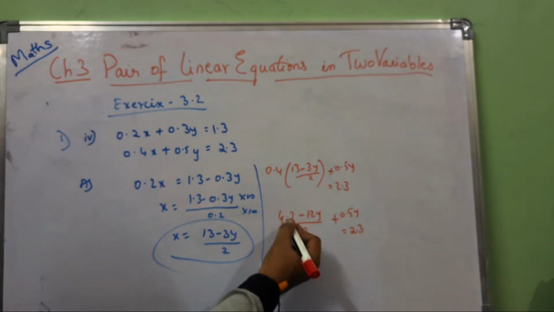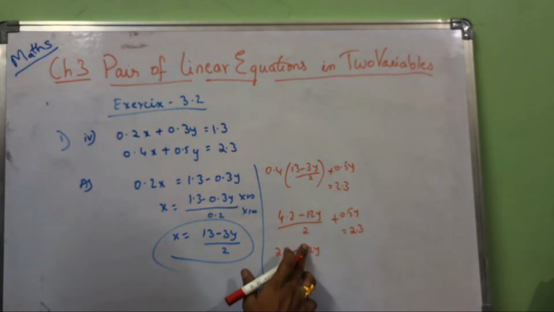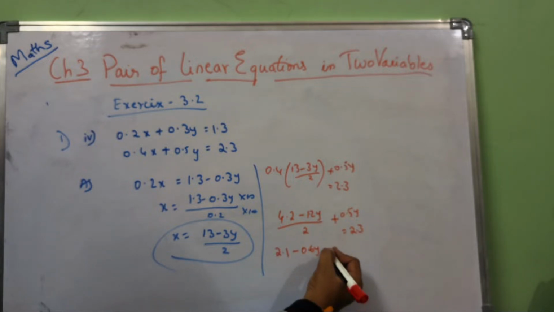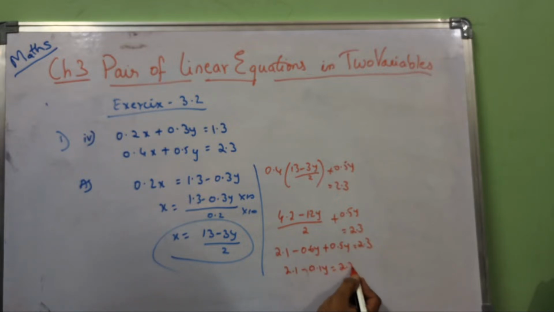If we divide 5.2 by 2, this becomes 2.6 minus 1.2y, just divide it here itself. This becomes 0.6y, simply 12 by 2, plus 0.5y equal to 2.3. So 2.6 minus 0.6y plus 0.5y, simply it becomes minus 0.1y, equal to 2.3.